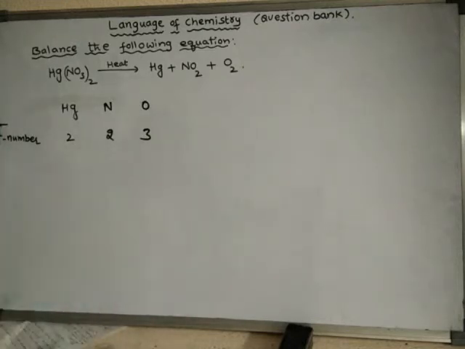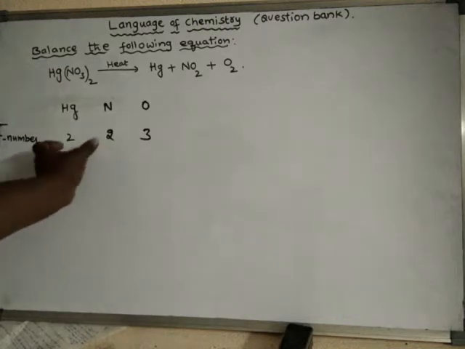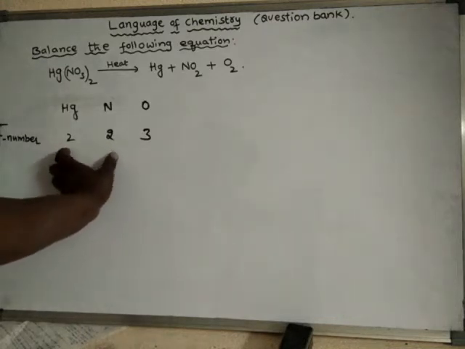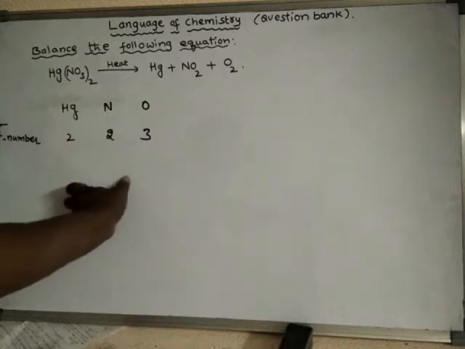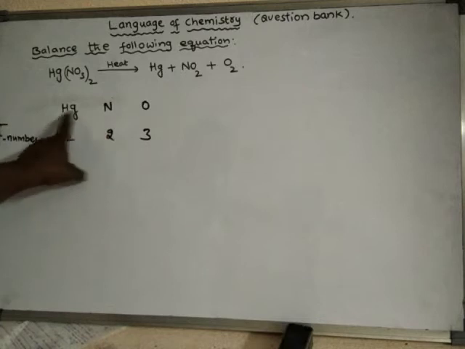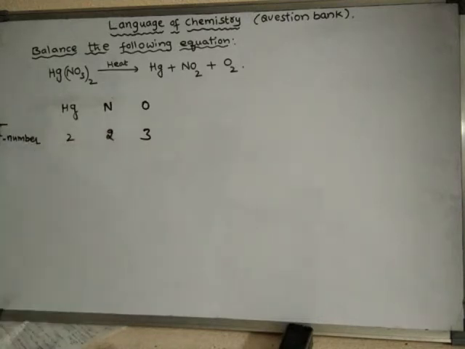While arranging the elements in increasing order of frequency number, we have to follow certain rules. First of all, we see which elements have the lowest frequency number. Those elements we have to write first. Here there are 2 elements, mercury and nitrogen, having the same frequency number.